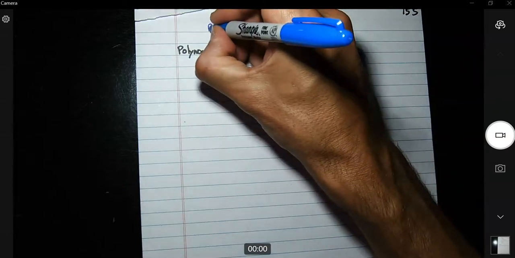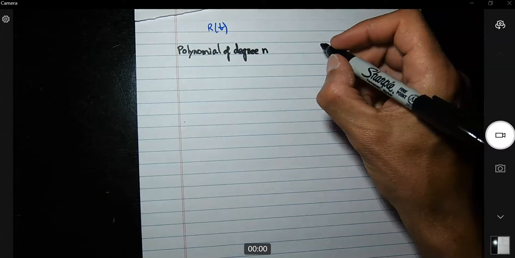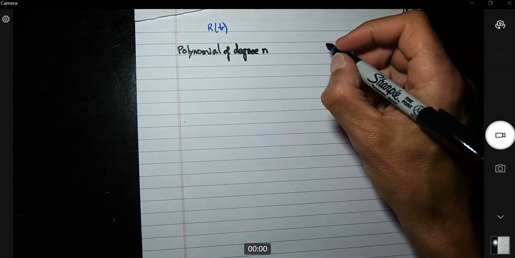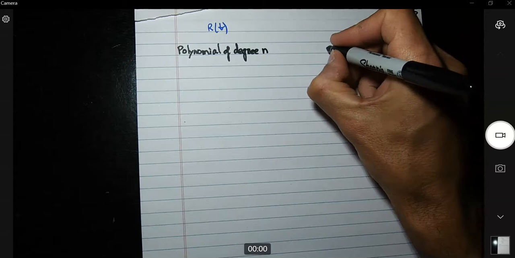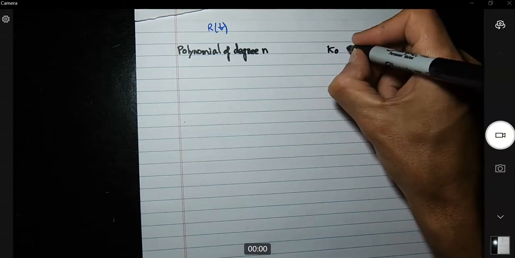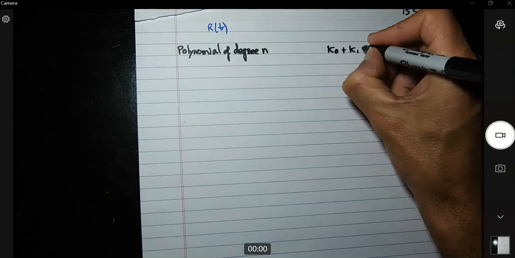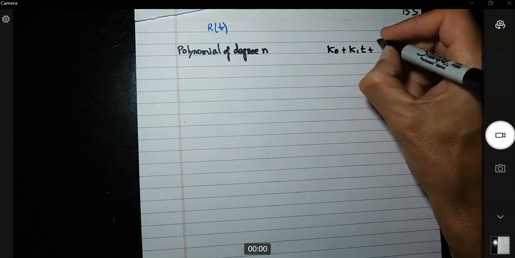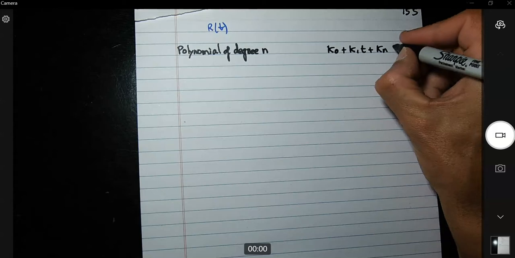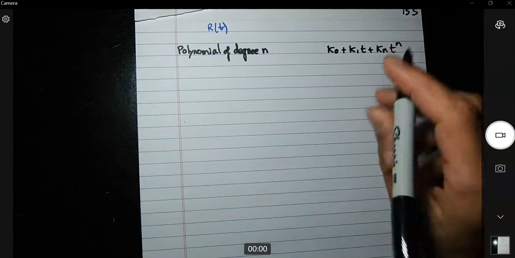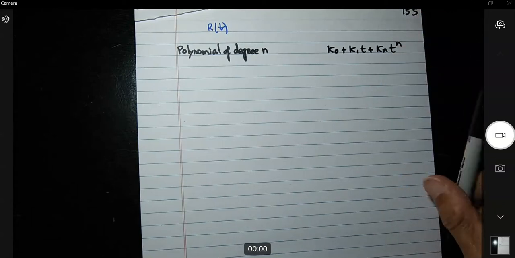So here will be a column for r of t, and in that case y of t will be k0 plus k1 t plus up to kn t to the n.